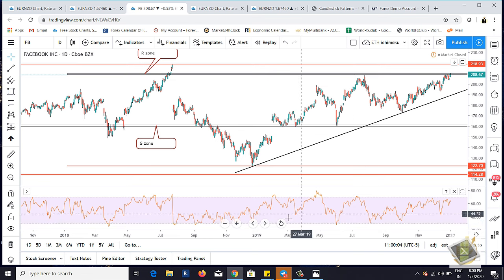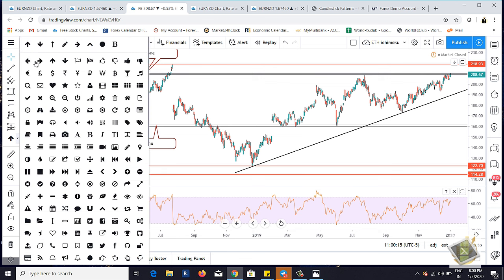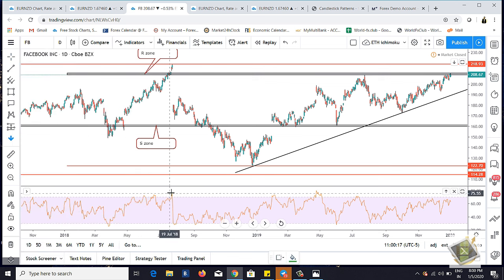Now let's mark a few areas where price has crossed the 70 region. So I'll mark it here. This is an area where price crossed the 70 region.